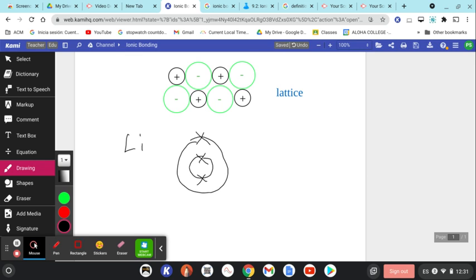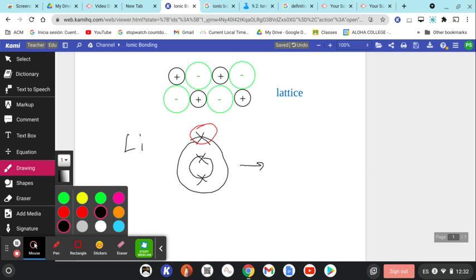Now, atoms react in such a way that they achieve a full outer shell. The easiest way for lithium to do this is to lose an electron. So this electron will go away and it will be given to another atom, which we'll see shortly.